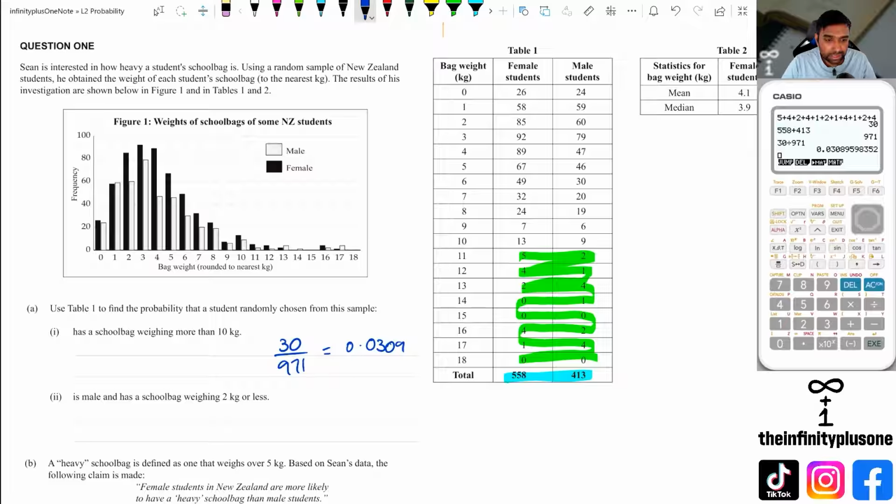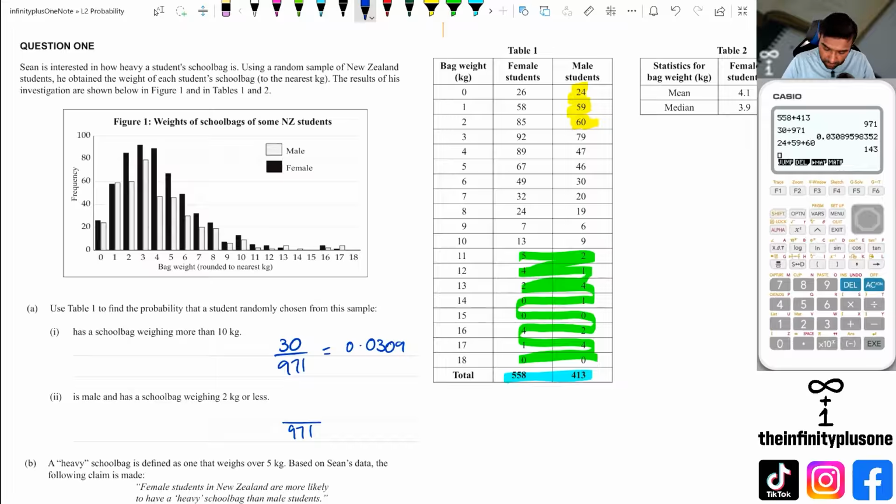Part 2 is we're looking for male and has a school bag weighing 2 kgs or less. So we're looking for a male and 2 kgs or less. That's pretty much all of this. So we've got 971 students altogether, and then we've got 24 plus 59 plus 60.